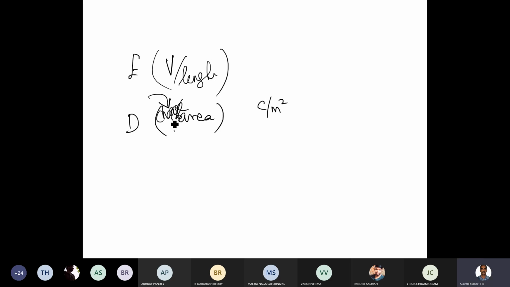If you are asked to calculate charge and the area is provided, then you can calculate D. In the same way, if potential and length are given, you can calculate the electric field. So please use this circuit theory approach and look at the units of each and every variable, so that you can find the unknown parameters from the known things.